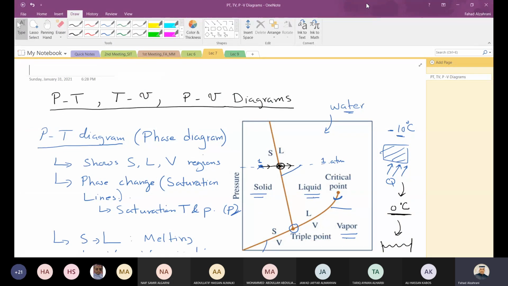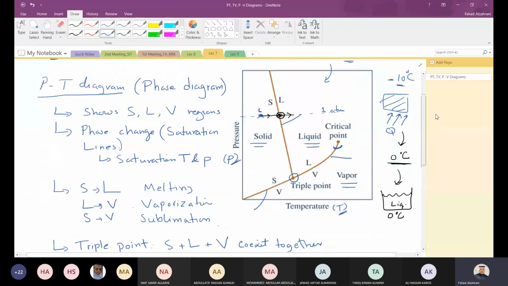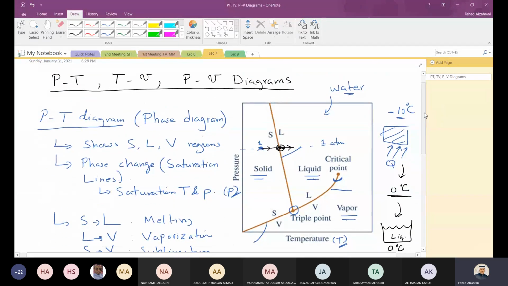Last time, we talked about the phase diagram, or the pressure-temperature diagram, and we also talked about the TV diagram. For the phase diagram, we said that this diagram shows the three different phases: solid, liquid, and vapor phase regions.